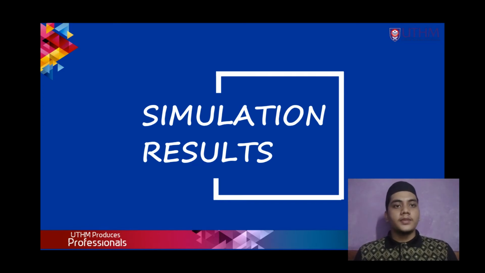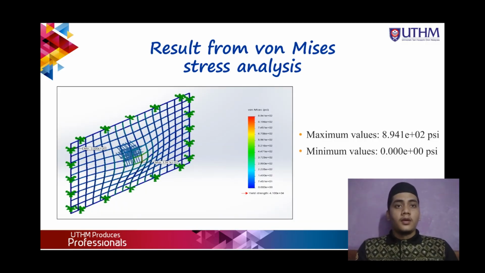For the von Mises stress analysis, we found that the maximum value is 8.941 E plus 02 psi, and the minimum value is 0.00 E plus 00 psi.